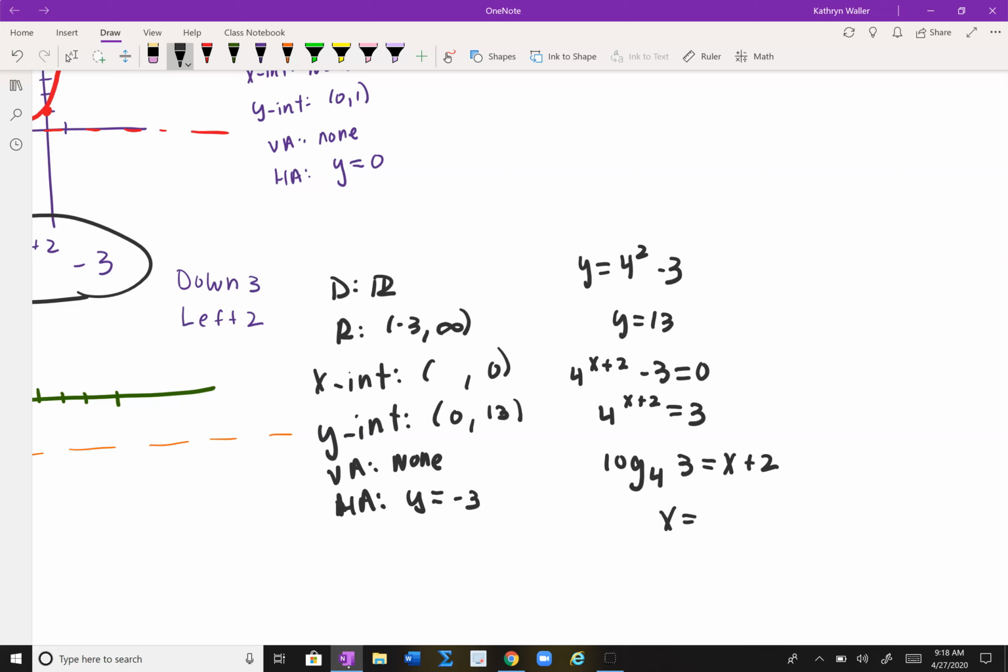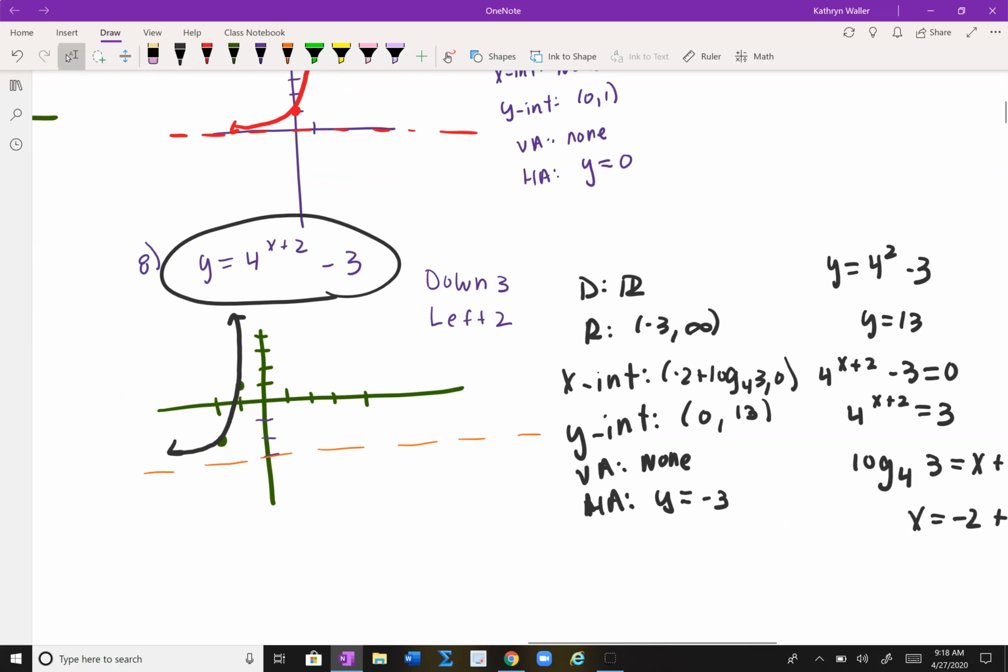Pull the 2 over, and I get negative 2 plus log base 4 of 3. And that's all I can do. Please make sure you never put your answer in decimal form unless you're told to, which we were not. So we're going to go negative 2 plus log base 4 of 3, comma 0, and that's it. Okay? All right, that was number 8.